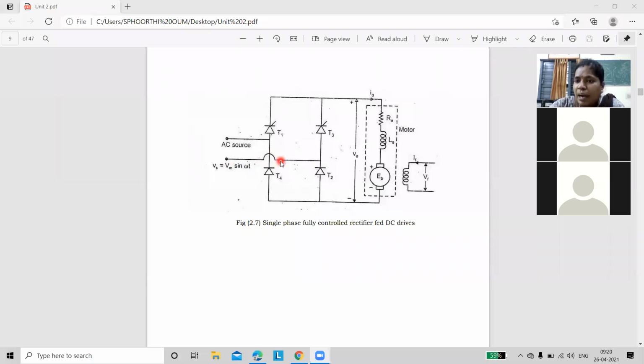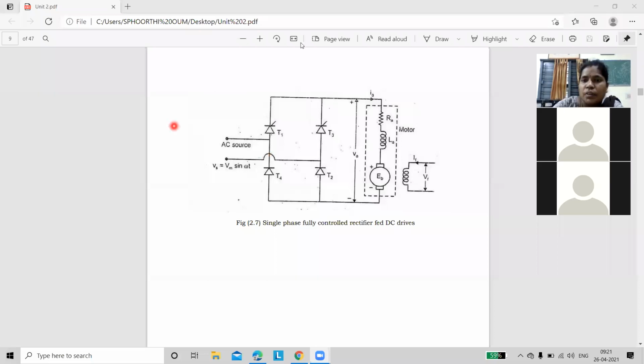Thyristors T3 and T4 are in working condition, and thyristors T1 and T2 are in off condition. The current flowing path is supply voltage, T3, motor, and T4 back to supply. Due to the working thyristors T3 and T4, you get some output voltage, which is going to be represented in the waveform. You have to write the matter like this.